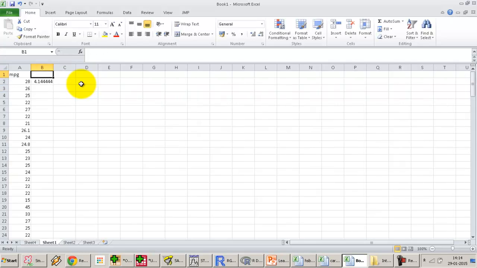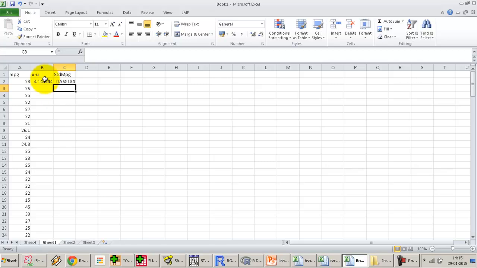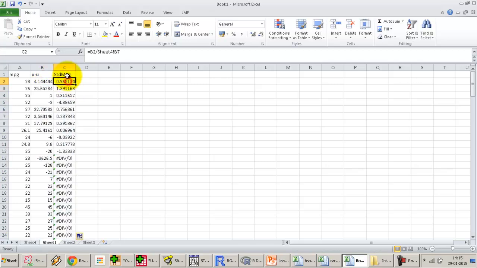This is x minus mu, and this is the standard deviation, and I apply this over the whole data set. So this variable is now the standard normal transform.